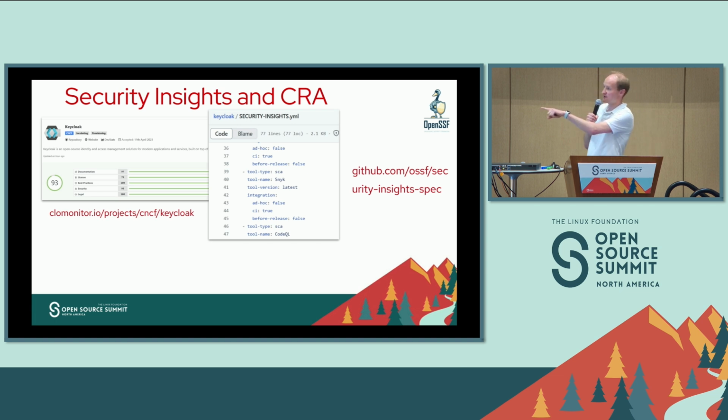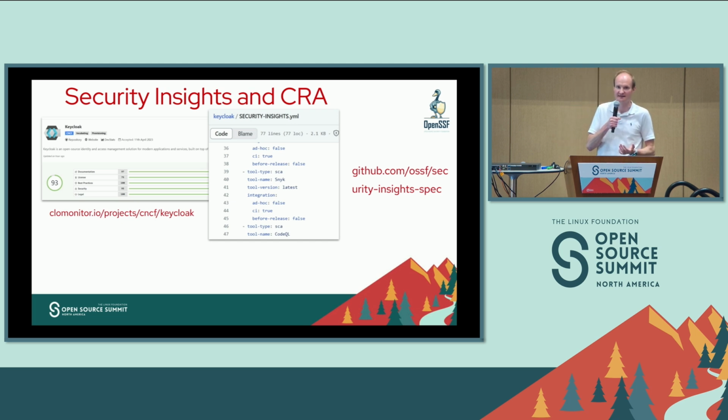And it produces the Security Insights YAML like this. You can check it out. I mean, it's all open source. For example, in this file, you can see that this project implemented Snyk and CodeQL as the scans. And actually, they have way more security practices that they demonstrate in this file.